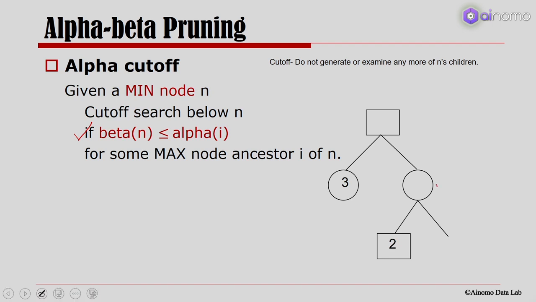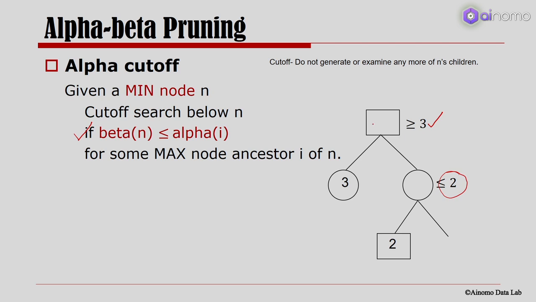This is a min node, so it is guaranteed to have something less than or equal to 2. This is a max node, it is guaranteed to have something greater than or equal to 3. So that is greater than or equal to 3, and that is less than or equal to 2. Under such a scenario, if I am coming along this path, then I can only have things which are a maximum of 2.